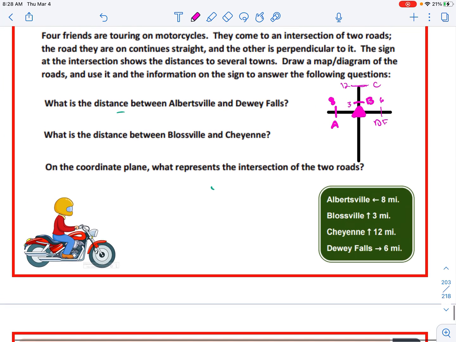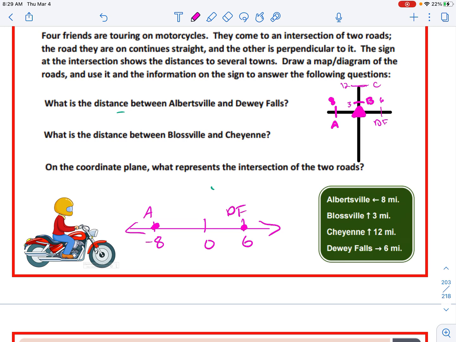So it says, what is the distance between Albertsville and Dewey Falls? Albertsville and Dewey Falls are on the horizontal number line. One is at -8, and one is at +6. This is Albertsville and Dewey Falls.